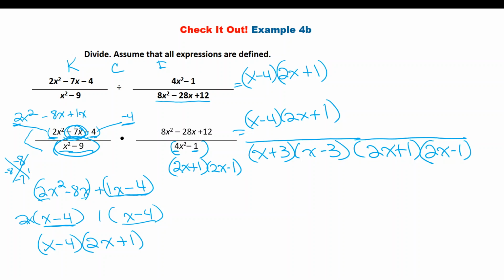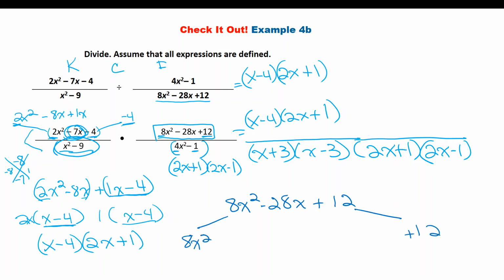Now we just have one more hard part, and that is this last expression. And it's a little bit harder to factor because we have an 8 here. So I'm going to go ahead and write this out, and let's see if we can get it factored. So we have 8x squared minus 28x plus 12. So remember, we're going to expand, and we're going to have 8x squared and our 12 here.